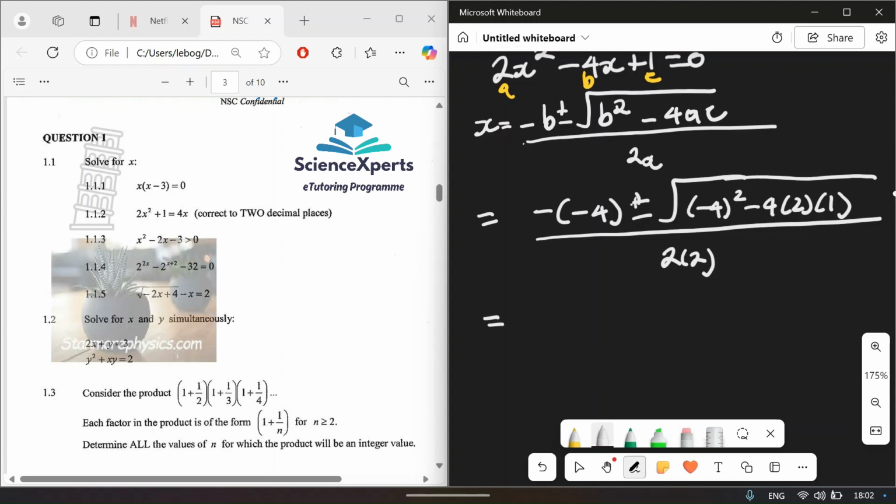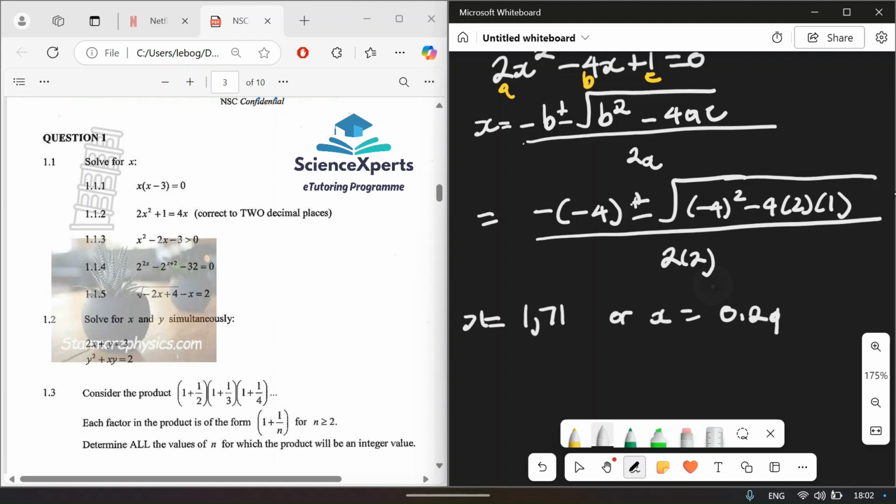So x is equal to, let me put this in my calculator. So x is equal to 1,71 or x is equal to 0,29, and that's it.